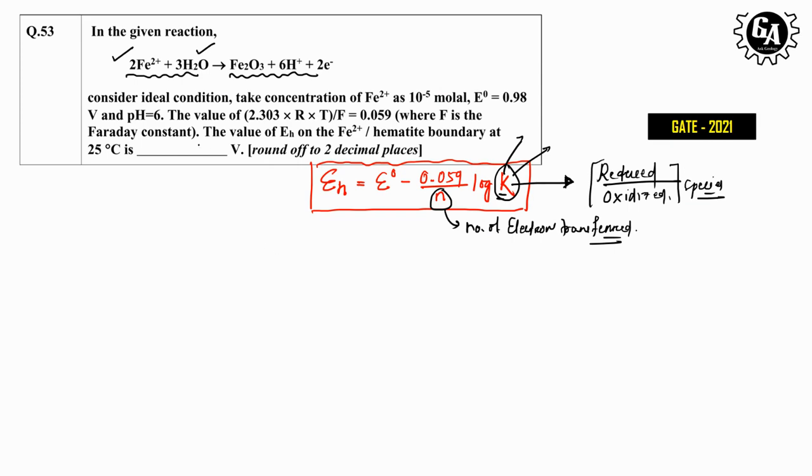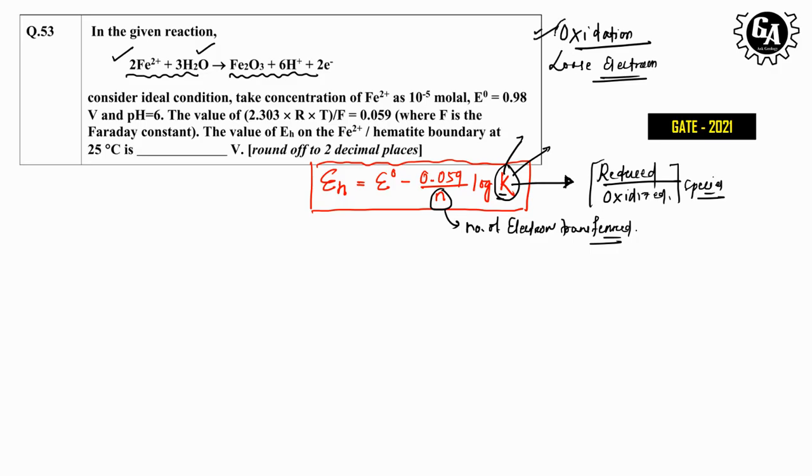So in this case, we have to find out which one is reduced and which one is oxidized. Always remember, the species that loses electrons is the oxidized species.